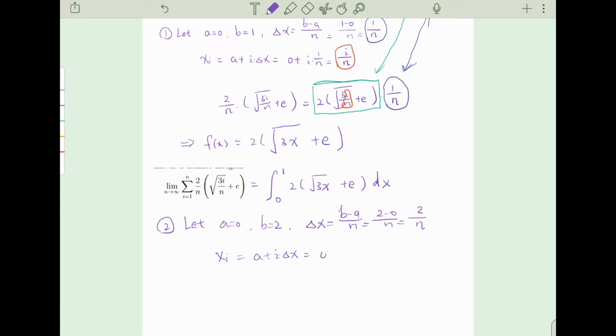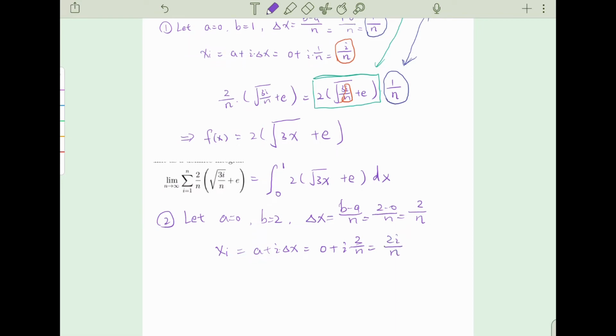That's going to be 0 plus i times 2 divided by n, excuse me, as 2i divided by n. So now we see that the delta x and the b and the xi have become different.